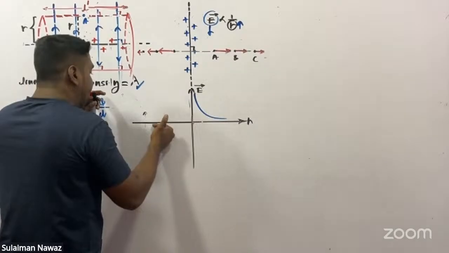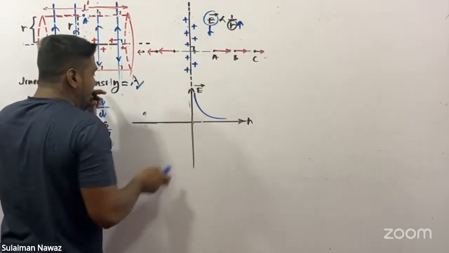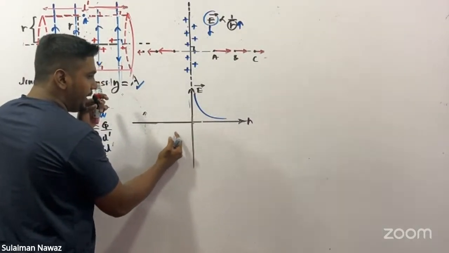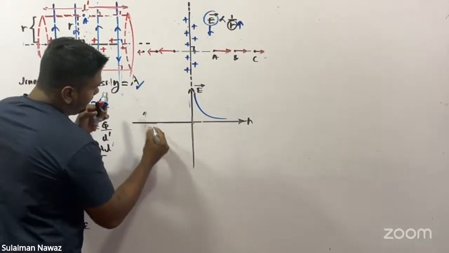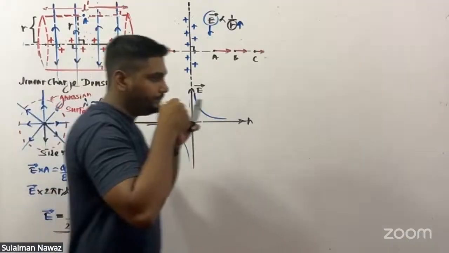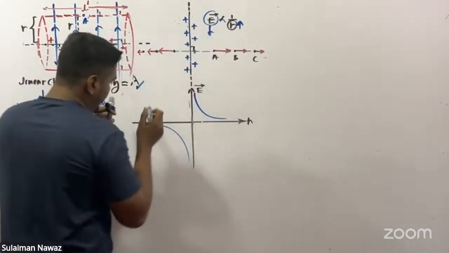When you go to the left, the negative value decreases. The graph would be like this. Clear? This graph should be somewhat the same size.